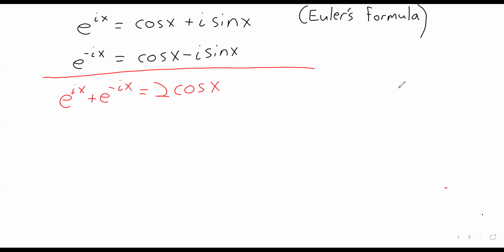The positive sign and the negative sign cancel with addition, and we divide both sides by this 2. And we get that the cosine of x is e to the ix plus e to the negative ix, all divided by 2.